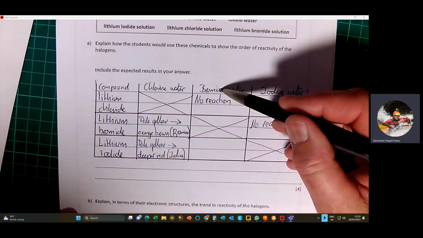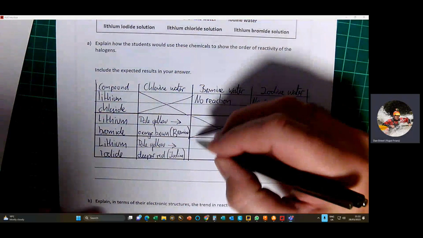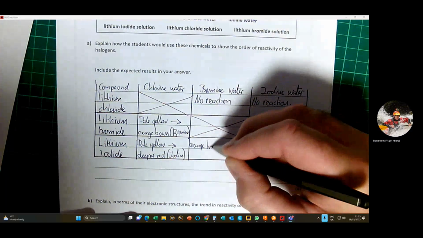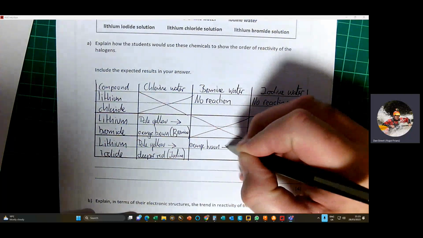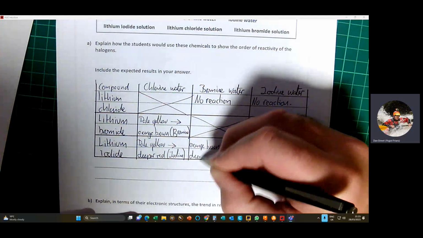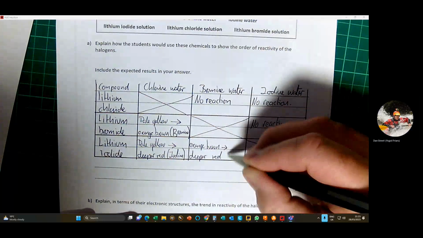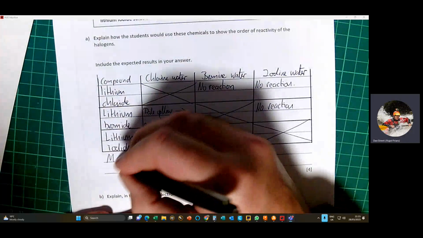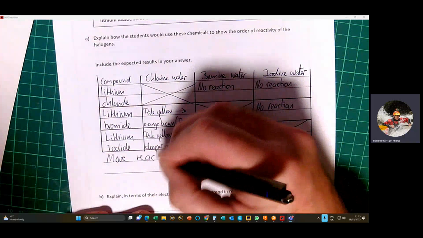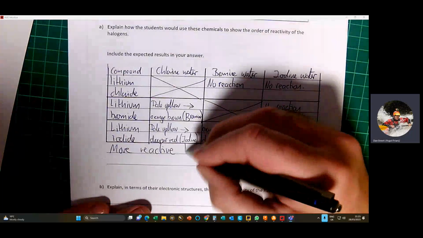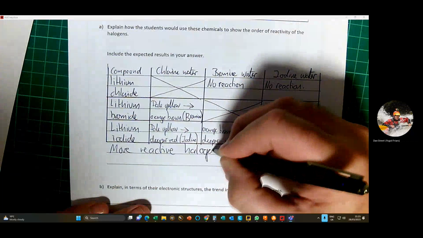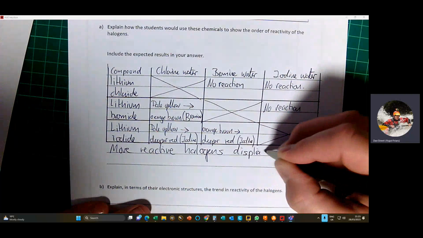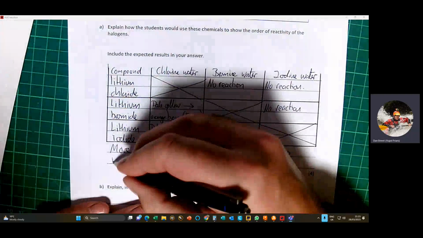Then if we add bromine to lithium iodide, then the orangey brown of the bromine changes to the deeper red, the iodine, rather. Okay, so more reactive halogens displace less reactive halides.